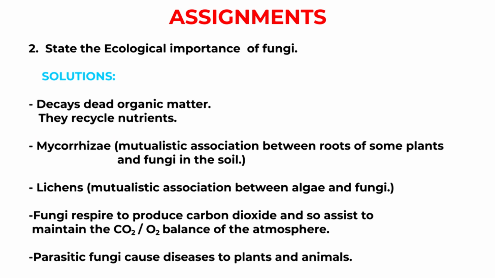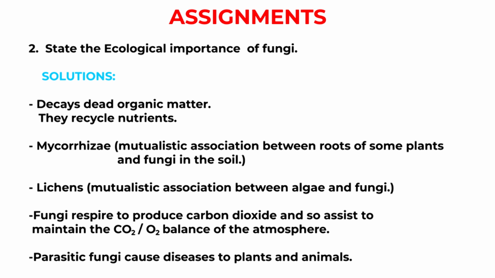And then also, you see that fungi grows on organic matter. And so when the fungi is growing, the fungi is in close contact with the organism. In roots of some plants, the fungi is found in close association with the roots in such a way that the fungi absorbs nutrients like phosphates for the roots.